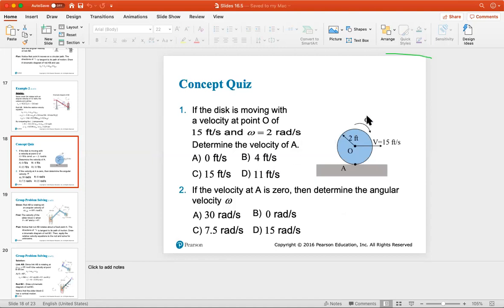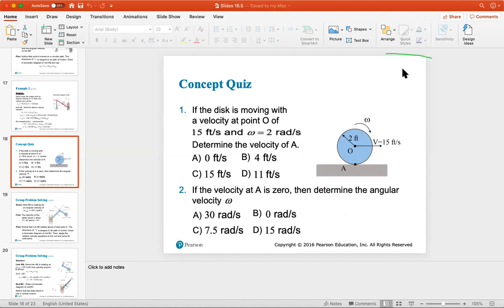Basically, you can do a physics 1 kind of analysis on this.